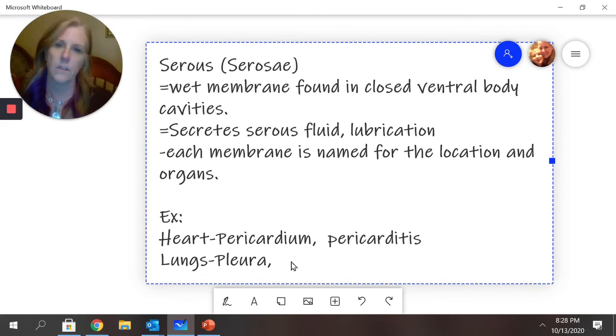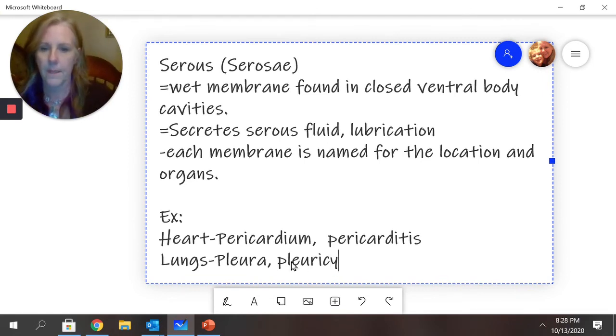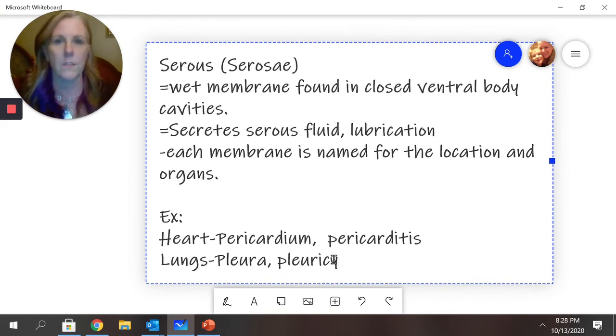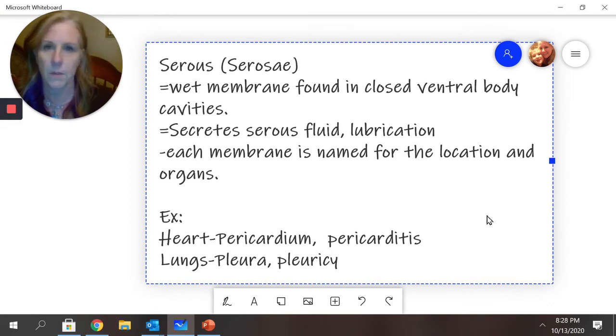We exhale, and the lungs get smaller. The pleura produces that serous fluid and reduces that friction, but sometimes the pleura gets infected or inflamed, and we call that pleurisy. Pleurisy is the condition in which the pleura is inflamed, sometimes because of an infection, and it loses the ability to secrete the serous fluid, and it becomes very painful.